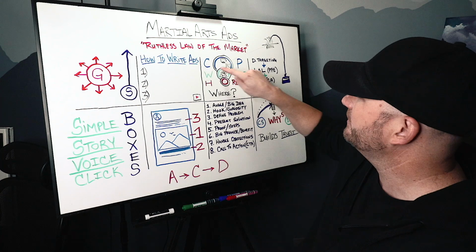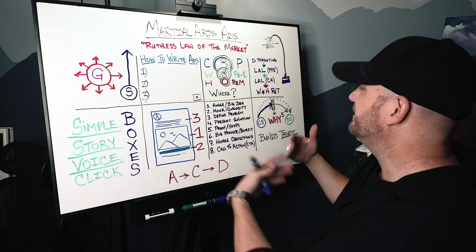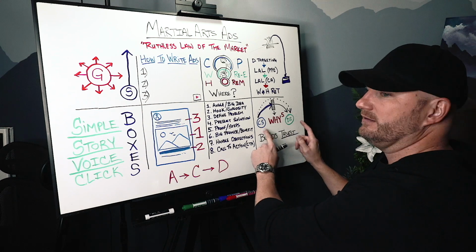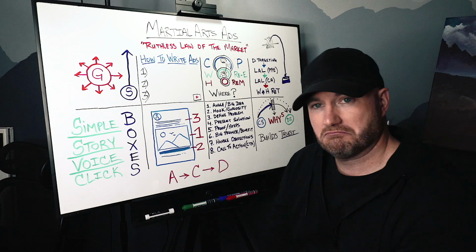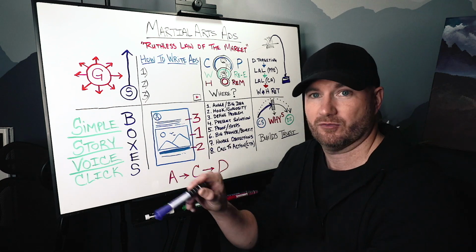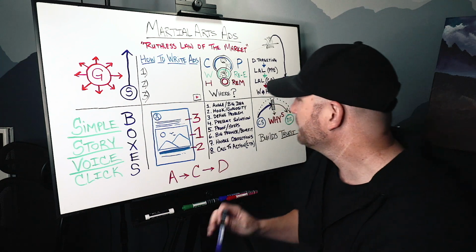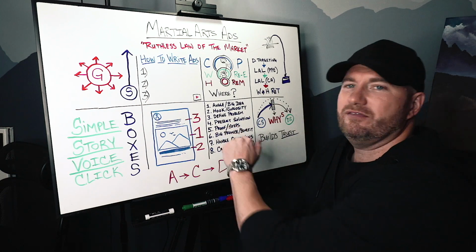Usually in this cold area, long copy works the best because you have to really get them to understand. Once you've defined the problem, they go, yeah, there's no way this person could know that about what I'm dealing with unless they knew that, right? Then you can present the solution. You don't give them the answer though.